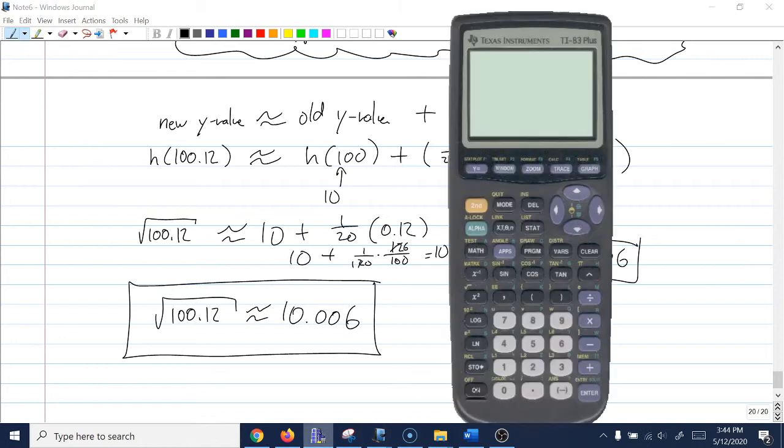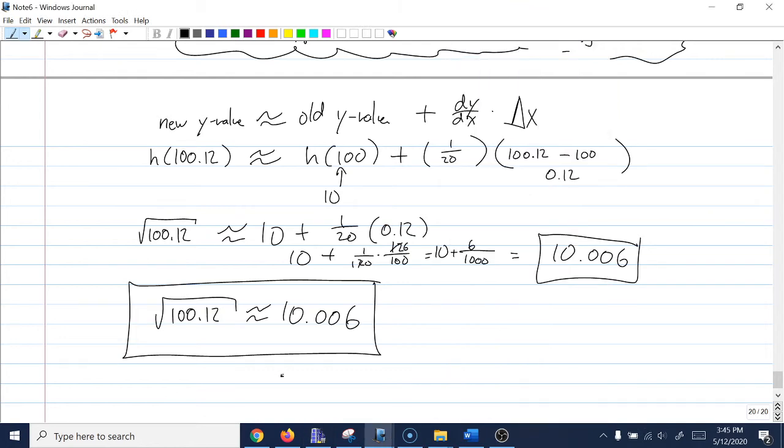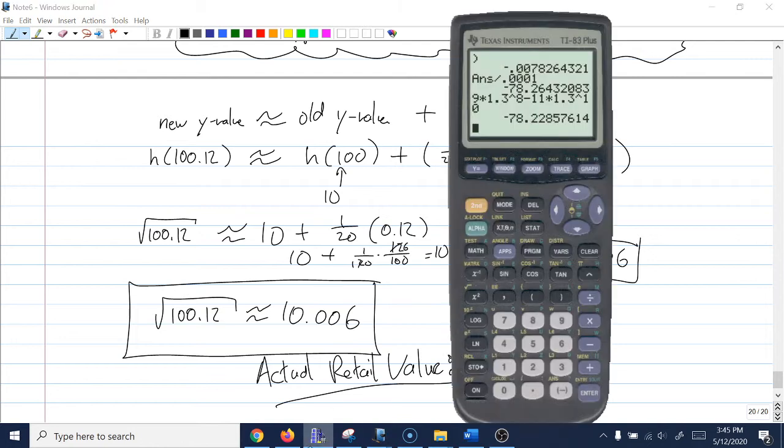How close were we? I love these problems. Yeah. Square root of 100.12 is this. Actual retail value. Do people your age still watch The Price is Right? On The Price is Right, they reveal the answer. And the actual retail value, what's the square root of 100.12?